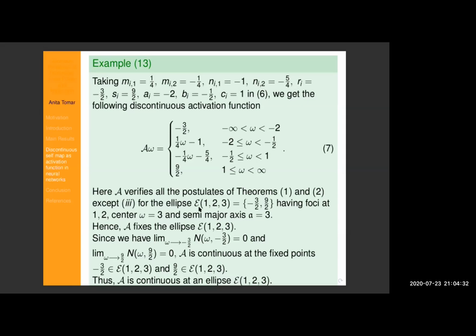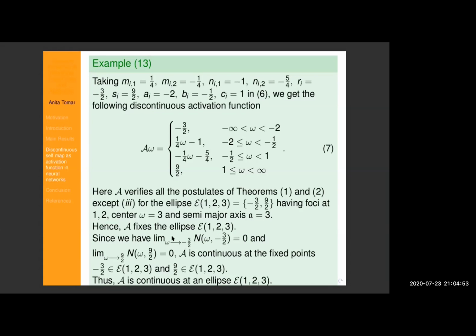So the ellipse having one focus at 1, another focus at 2, and length of semi-major axis 3 is equal to {-3/2, 9/2}. This is equal to this set. Hence, A fixes this ellipse.